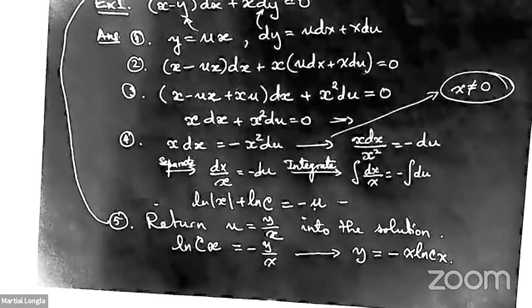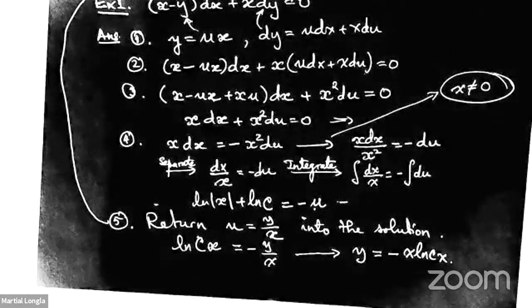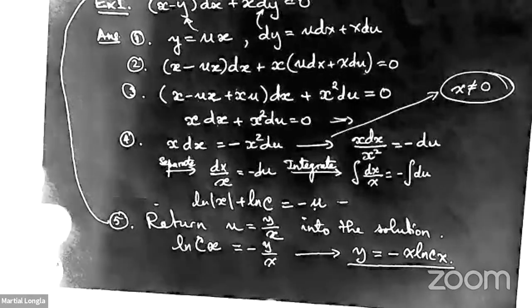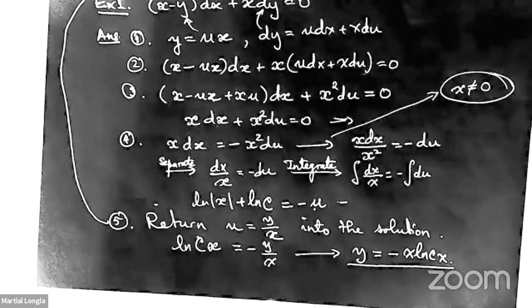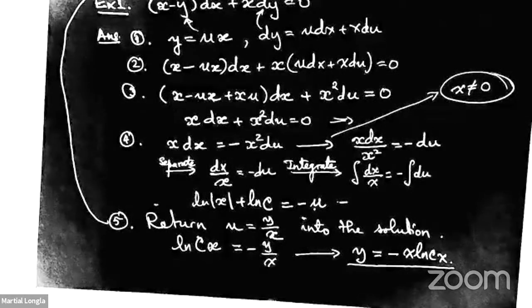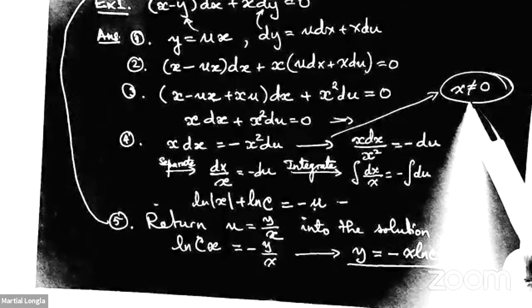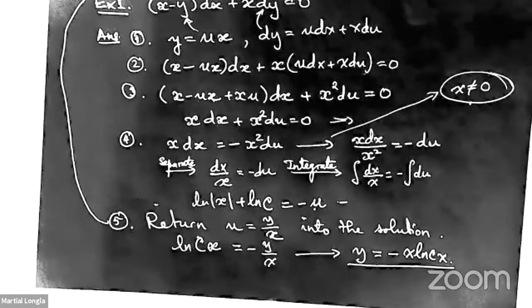All right, and so that's what you would do. Now you remember that before we got here, we said x was not 0. But initially, nobody in the problem said that x was not 0.